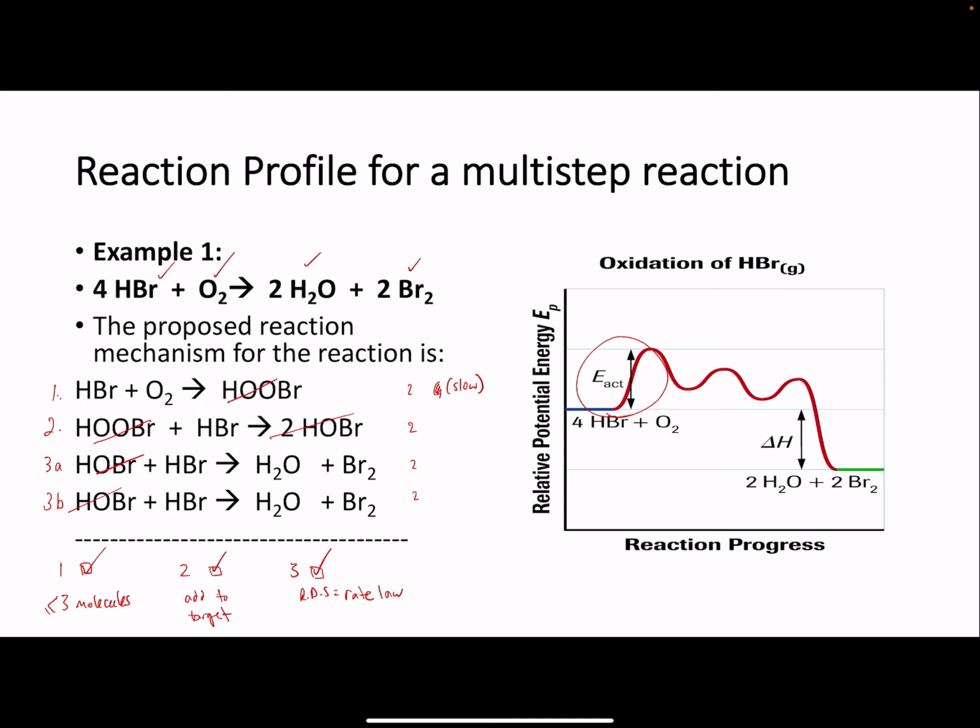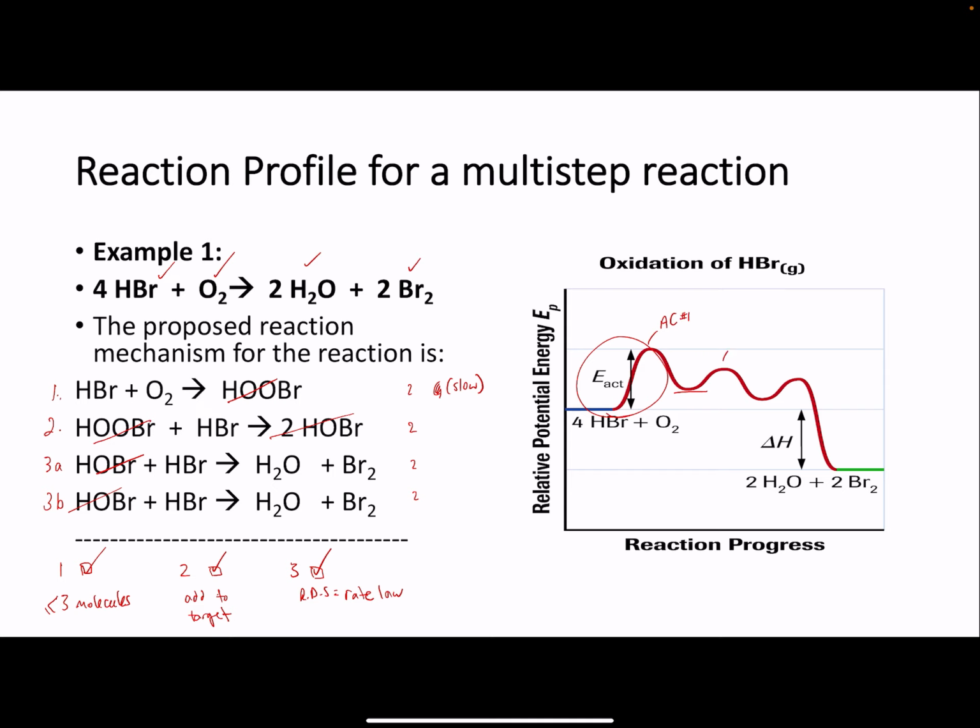tells us what the rate law is. So looking at the data on the graph, that can be determined with numbers or by looking at the activation energy. So if we look at the activation energy, it's from the reactants to the activated complex, right?